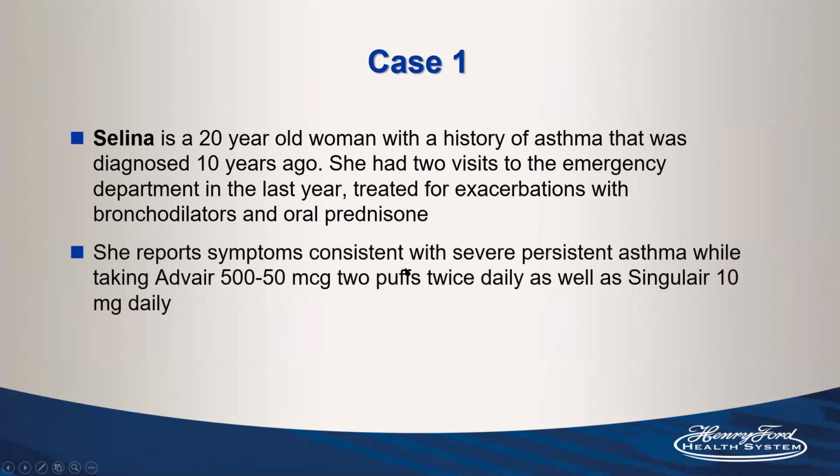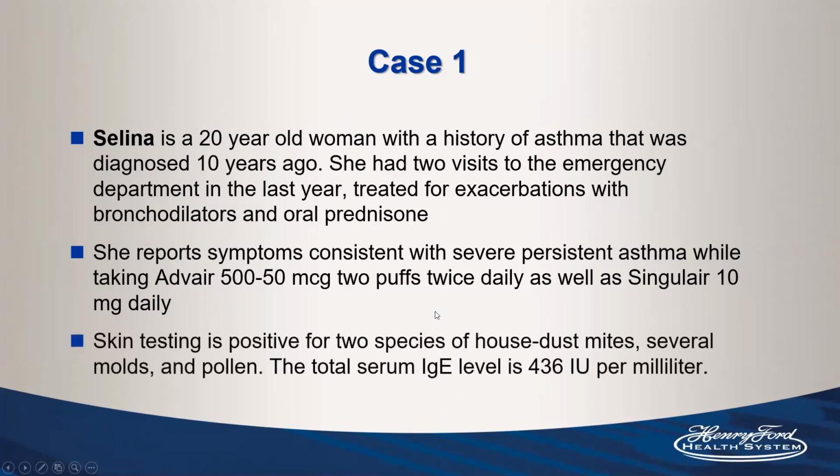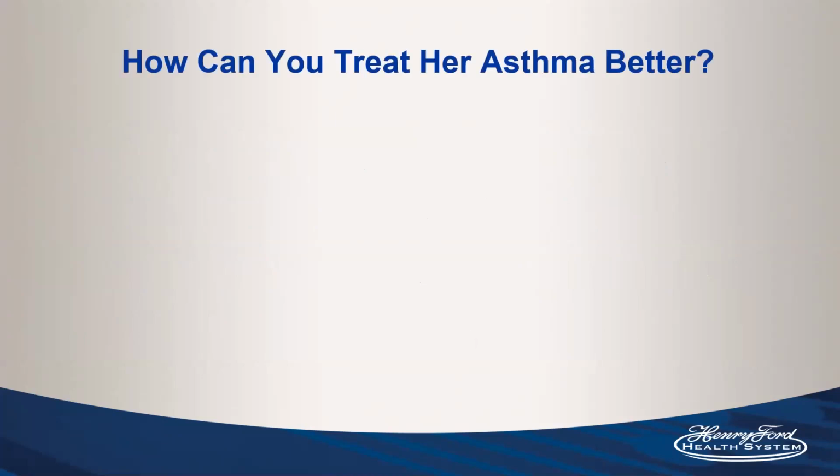She reports symptoms consistent with severe persistent asthma while taking Advair 550 microgram, 2 puffs twice daily, as well as Singulair 10 milligrams daily. Skin testing is positive for 2 species of house dust mites, several molds, and pollen. The total serum IgE level is 436 international units per milliliter. Okay, so how can you treat her asthma better?